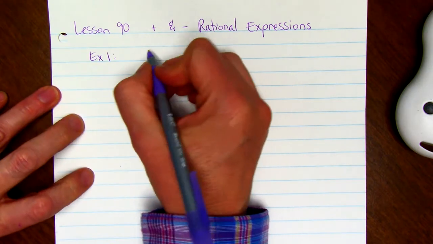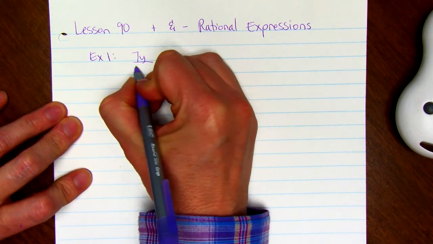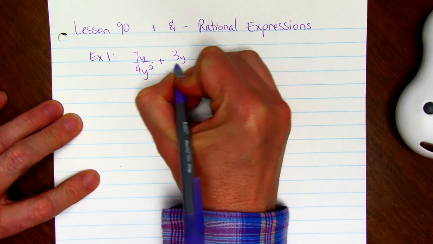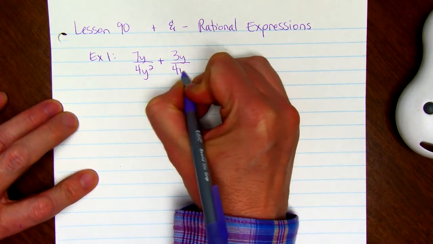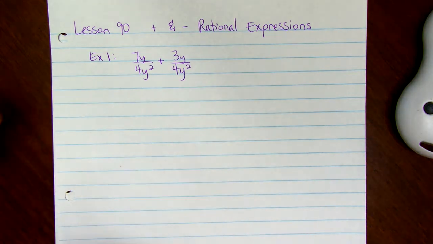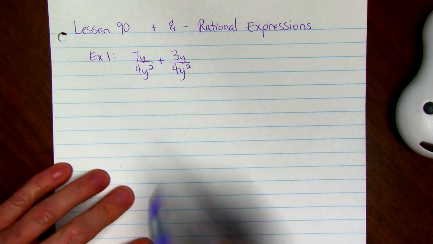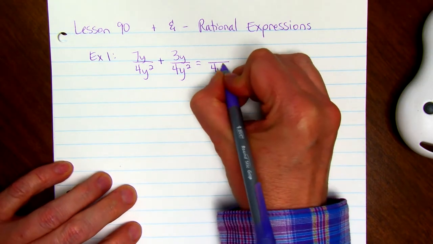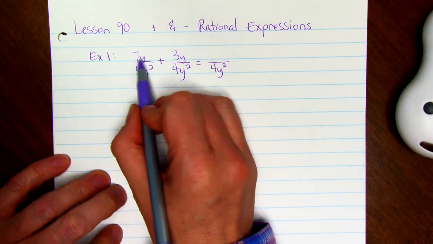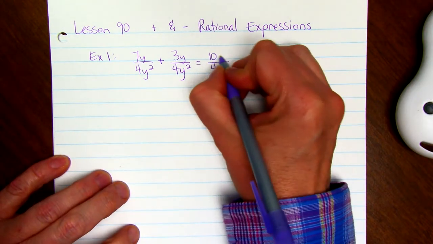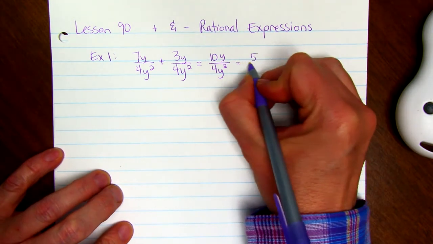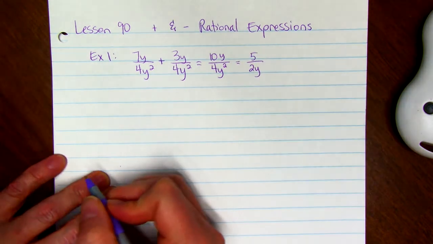We're going to add 7y divided by 4y squared plus 3y divided by 4y squared. Because the denominators are the same, we can add the numerators and keep the denominator 4y squared. So 7y plus 3y is 10y. Then we're going to reduce to 5 divided by 2y.